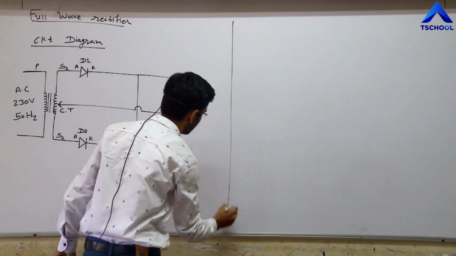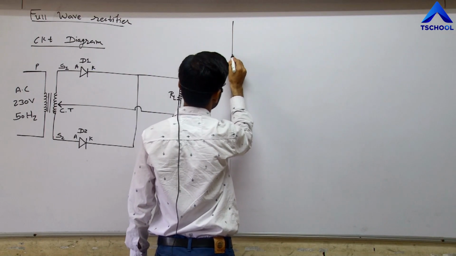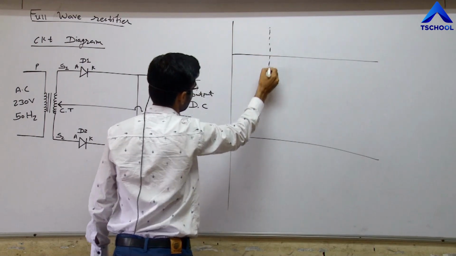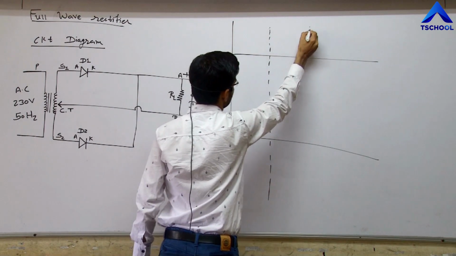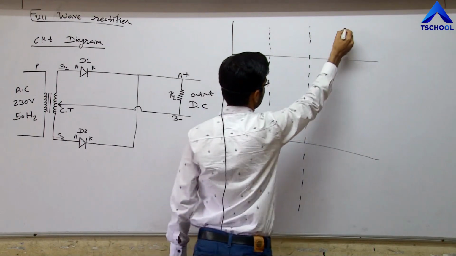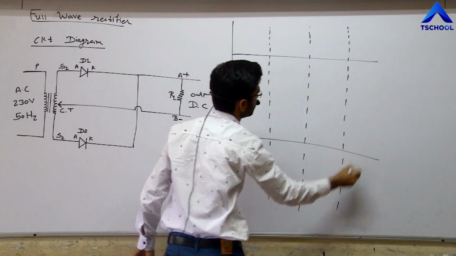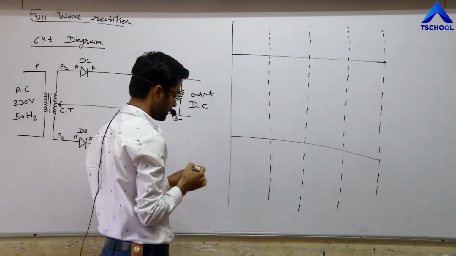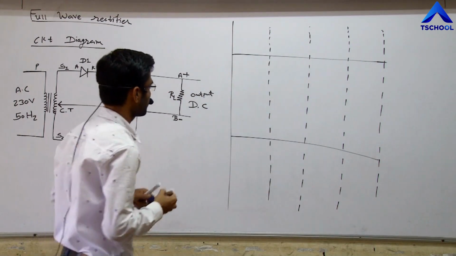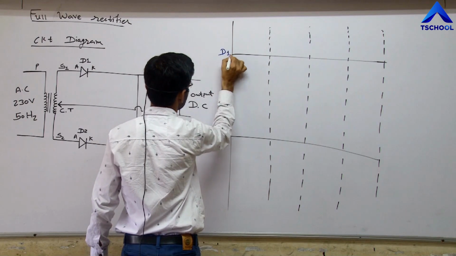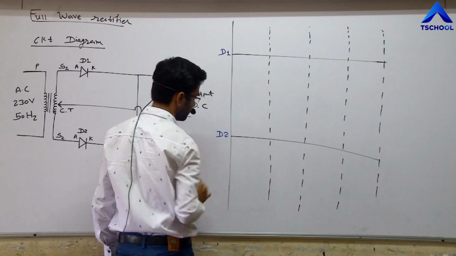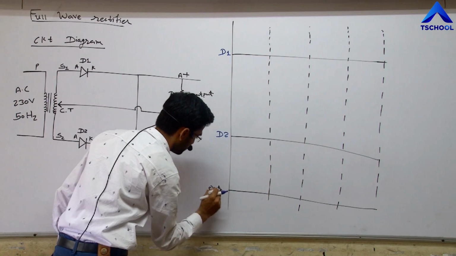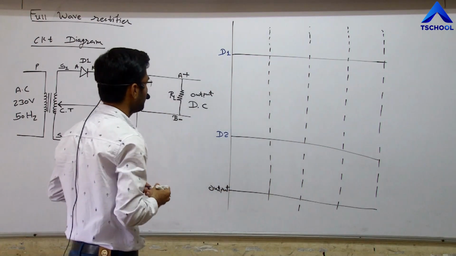Now, the input of diode D1 and the input of diode D2, and here the final output of the full wave rectifier.